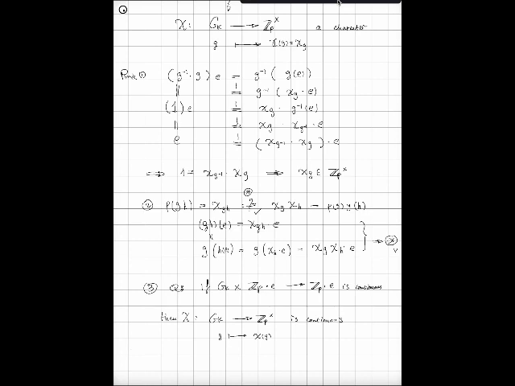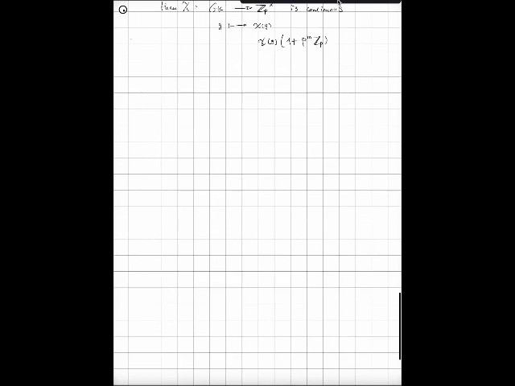So for any element in the image, let's say chi j, take an arbitrary open set. I'm not sure this is the most efficient way to prove this, but let me do it this way.